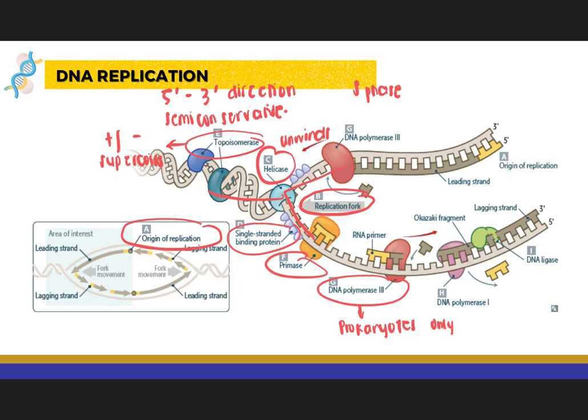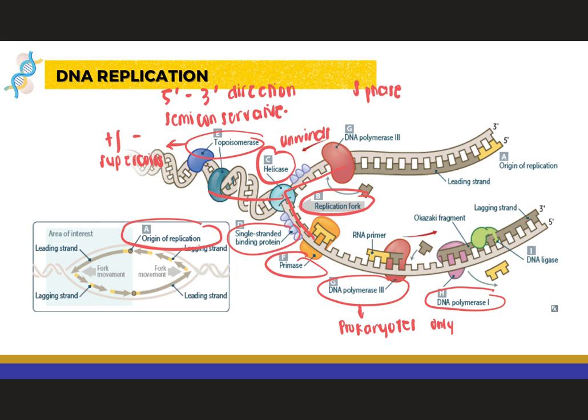We also have your DNA polymerase 1. So, DNA polymerase 1 is found only in your prokaryotes. And ang ginagawa nito, it degrades the RNA primer and replaces it with DNA.